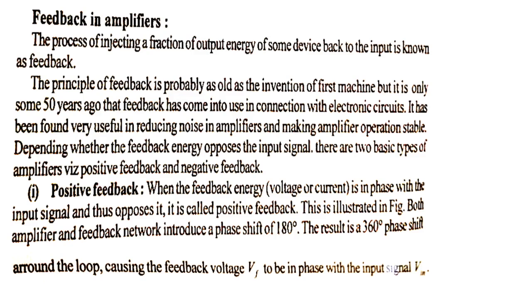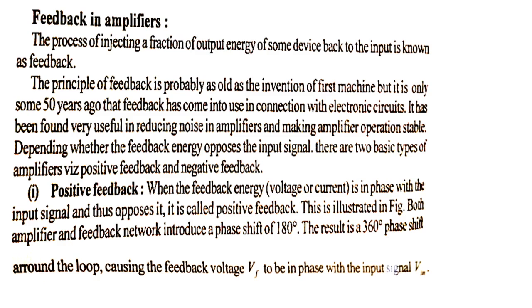Now, feedback in amplifiers. The process of injecting a fraction of the output energy of some device back to the input is known as feedback. The principle of feedback is probably as old as the invention of the first machine, but it is only some 50 years ago that feedback has come into use in connection with electronic circuits.